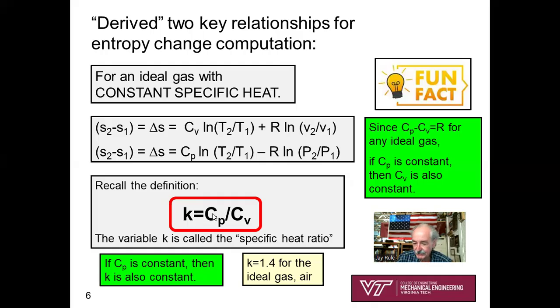Because if Cp is constant for an ideal gas, then Cv is also a constant. So if Cp and Cv are both constants, then k must be a constant. And we refer to k as the specific heat ratio, Cp over Cv, ratio of specific heats. This is all getting you ready for something here.